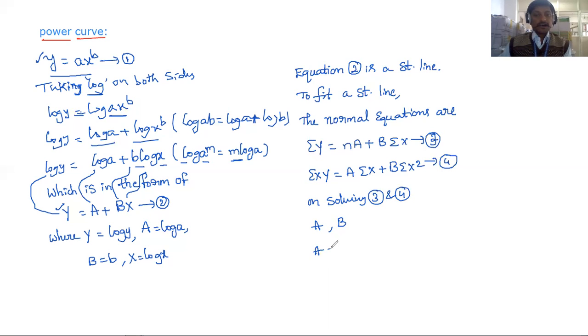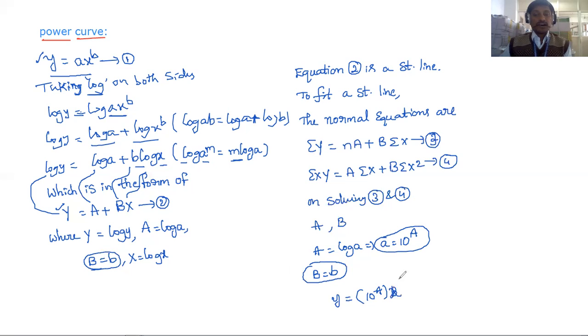Here capital A is equal to log a, so that implies small a is equal to 10 power A. And capital B is equal to small b, so no need to find anything; whatever value we got for capital B, we take the same as small b. So small a is equal to 10 power A, and small b is equal to B. Therefore y is equal to a x power b with the values we got, and that is the required curve of best fit.